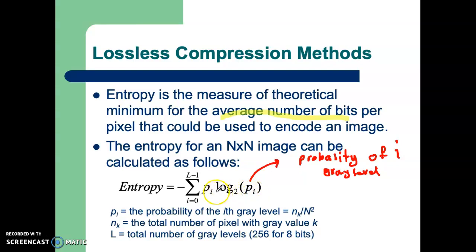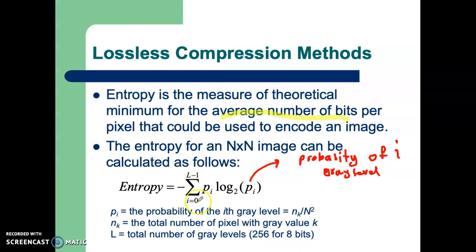Okay, i refers to the gray level. So P(i) is the probability of the i-th gray level, K is the number of pixels with gray value K, and L is the number of gray levels.